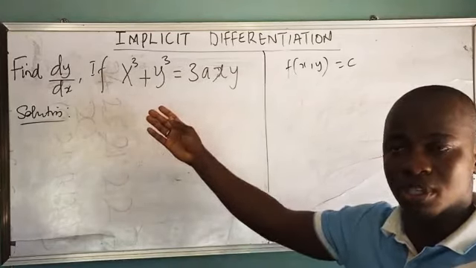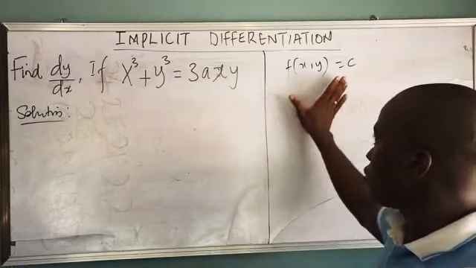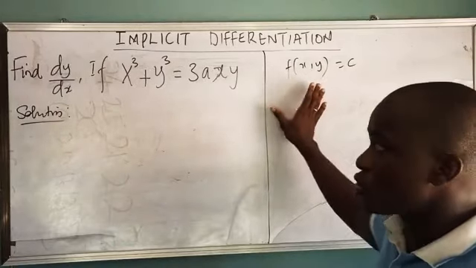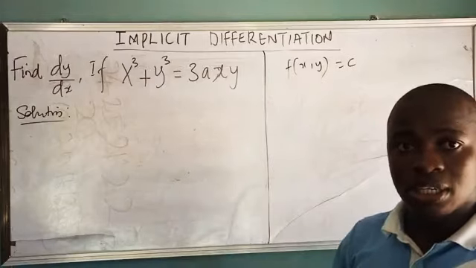Maybe you are getting what I'm saying. Whenever you are given this kind of function, we call it an implicit function.